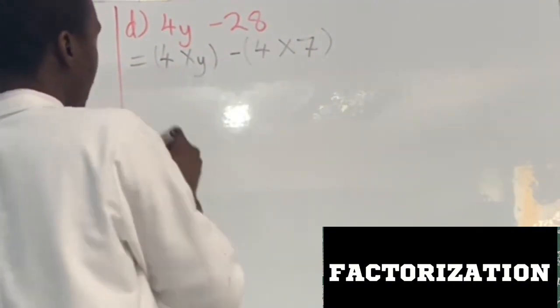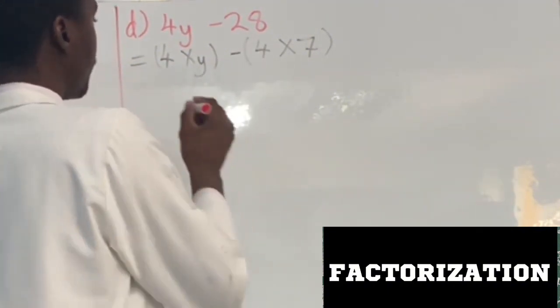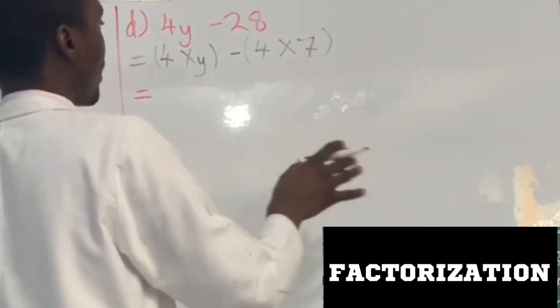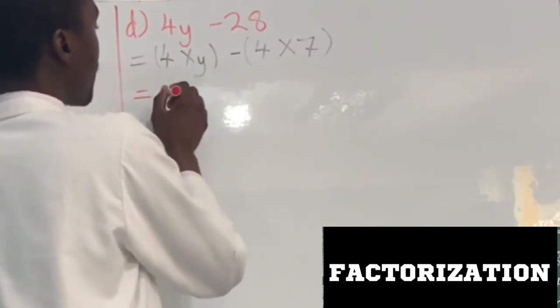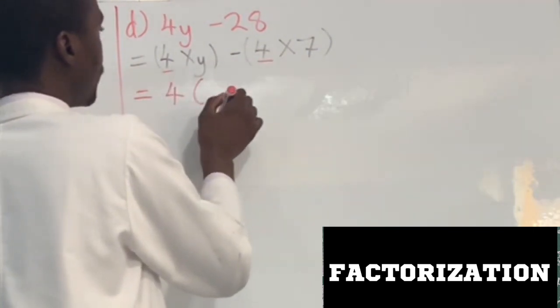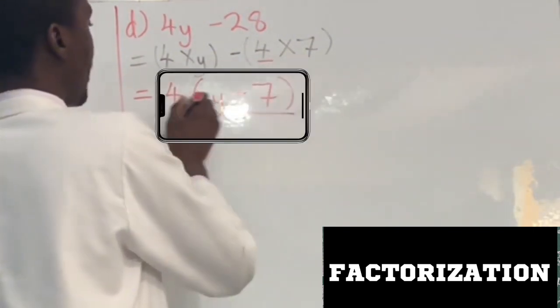So we'll factor out the 4, and right outside the brackets it's going to be 4. We're going to take this 4 bracket y minus 7.